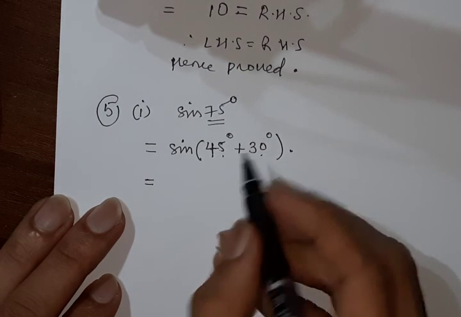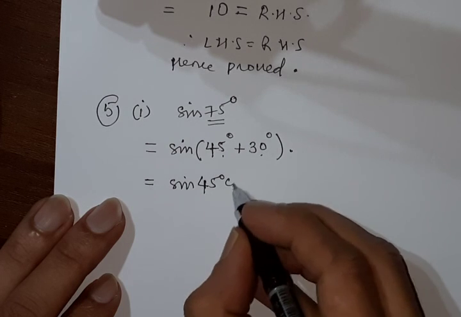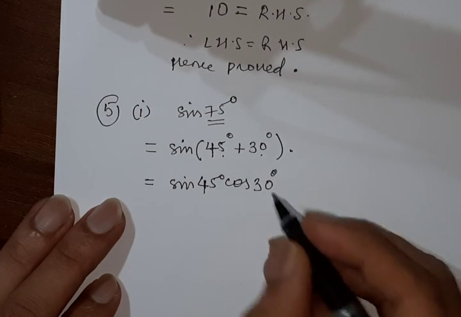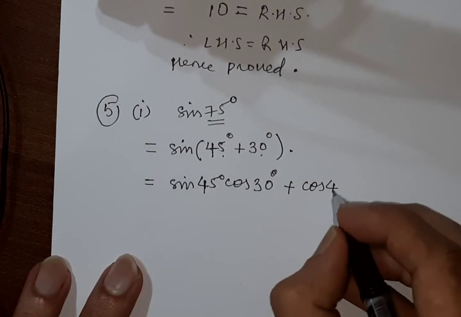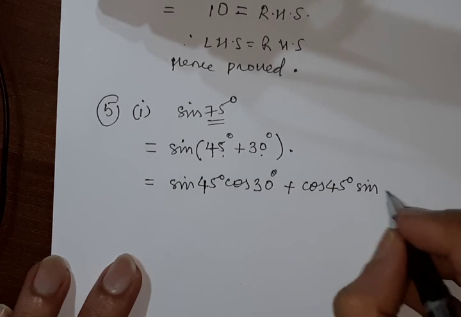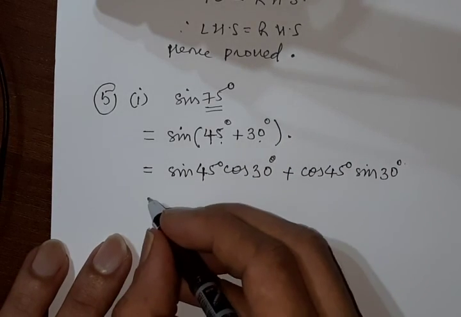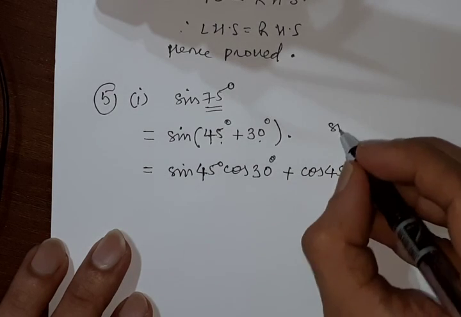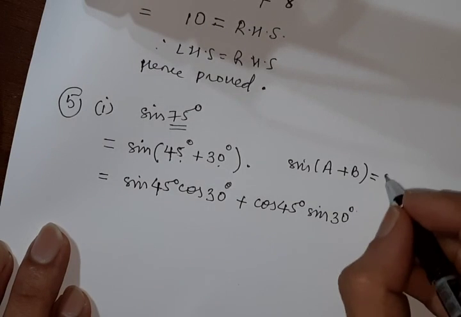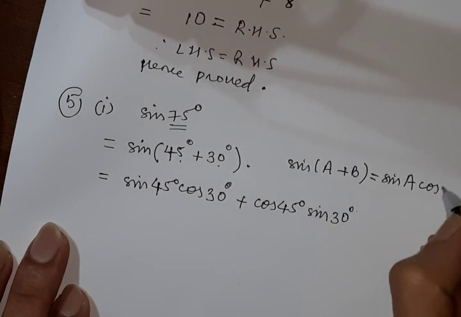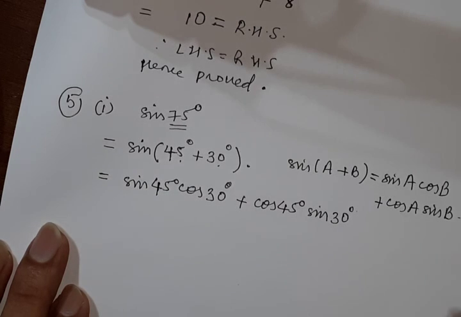So sine (A plus B) is equal to sine A cos B, okay, so sine 45 cos 30 plus cos A, that is cos 45, multiplied by sine B, which is sine 30. Okay, so this is what we have. We have used this formula, sine (A plus B) is equal to sine A cos B plus cos A sin B. Okay, this formula.